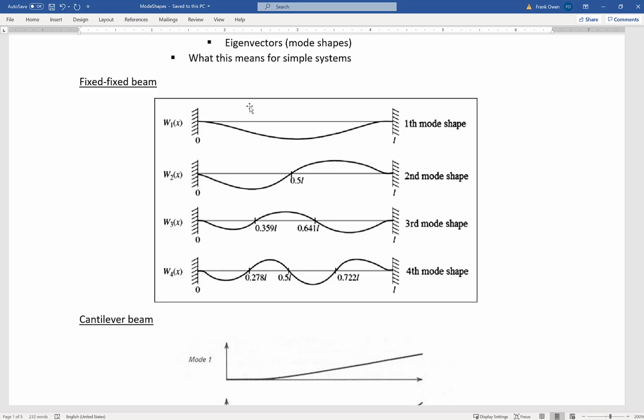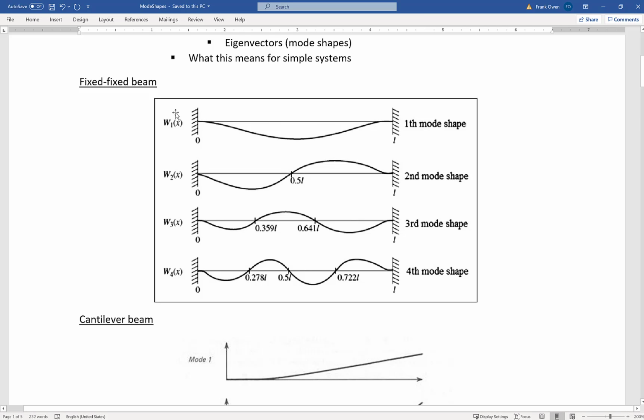But when you excite that beam by hitting it or something like that, it vibrates. And it actually vibrates not with one frequency, it vibrates theoretically with an infinite number of frequencies. But what happens is that the mode shapes, which are shown here, this is how the beam oscillates, diminish in importance as you go up in mode shape.